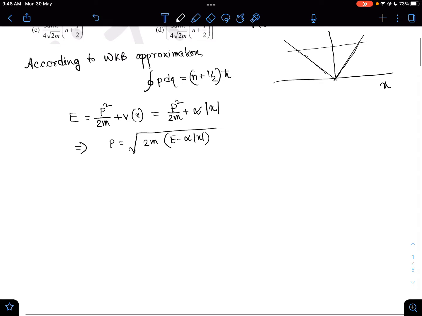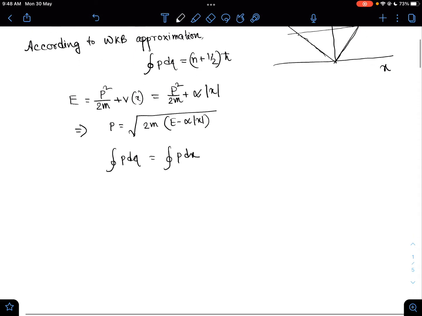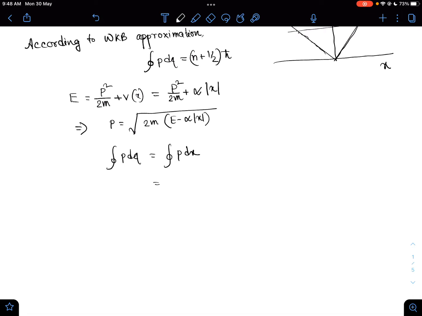So the integral will be P dq, or in one dimension you can write this as P dx. Here q is for generalized coordinate. So we have the integral of root under 2m E minus alpha mod x dx.